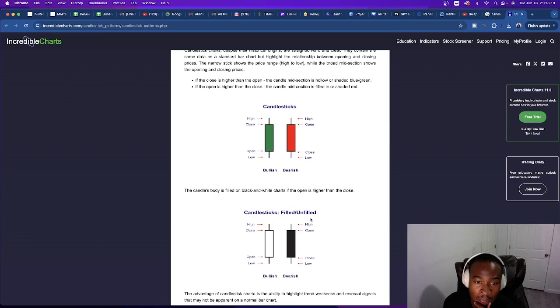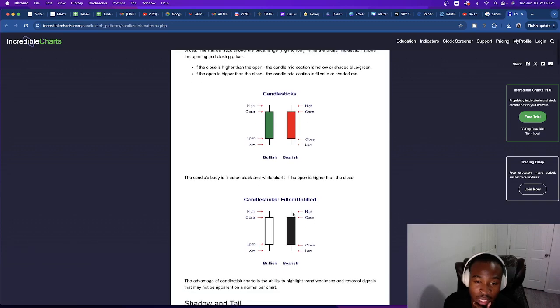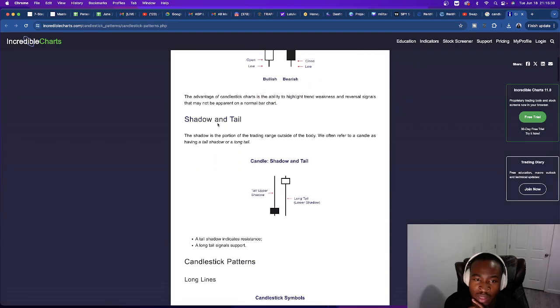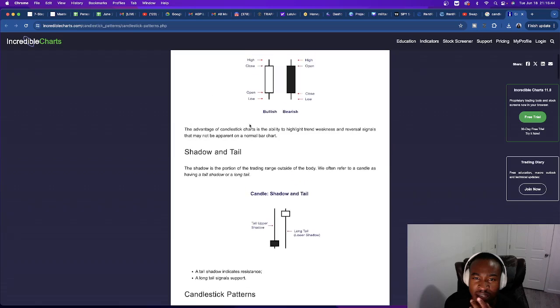These candlesticks can be really any color, as long as you can tell the difference between them. I have mine as green and yellow, just because in my mind red is a little bit too harsh, but I can still read it the same. It's also explaining shadows. That's another term: shadows and tails.